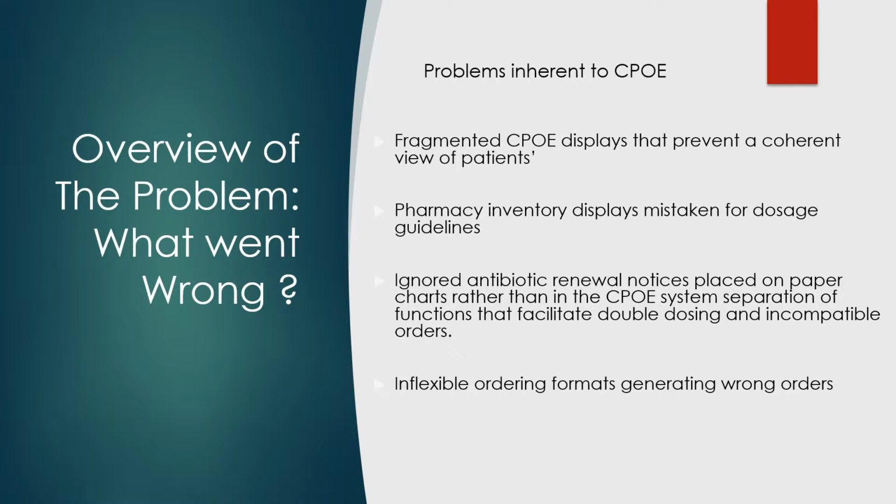For example, fragmented system displays that prevent a coherent view of patients, pharmacy inventory displays mistaken for dosage guidelines, ignored antibiotic renewal notice placed on paper chart rather than in the CPOE system, separation of functions that facilitate double dosing and incompatible orders, inflexible ordering format generating wrong orders.